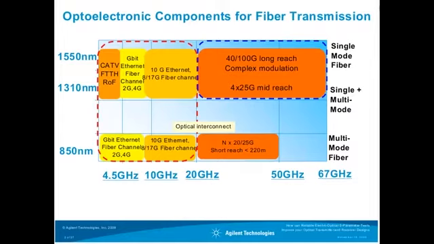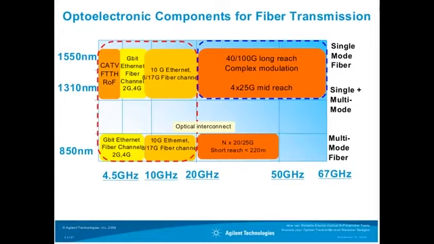These two fields are distinguished in, I would say, three dimensions. One is the frequency dimension, which is basically the class of speed. The other one is the wavelength dimension, which is short wavelengths at 850 nanometers, and then the 1550 or 1310 nanometer ranges. The third dimension is the kind of fiber employed.